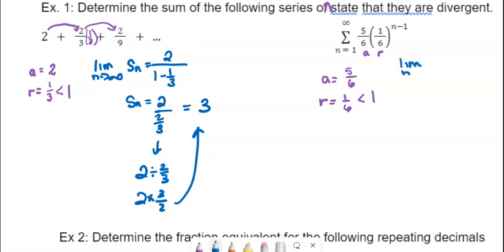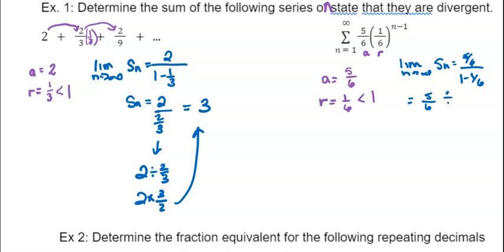So the limit as n approaches infinity of this series, I've got my A value and 1 minus my R value. So I've got 5/6 divided by 1 minus 1/6 is 5/6. Keep flip change. The limit of this series is 1.